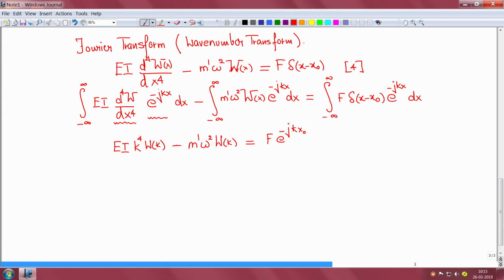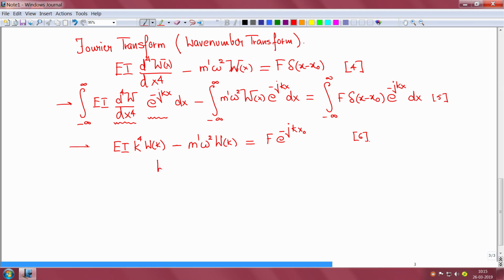Since this is a motivation, I am not going too deep into it. It is enough to know that this equation's Fourier transform leads to this. Many of you will have seen this in your classes. Now the differential equation has been converted to an algebraic equation here.